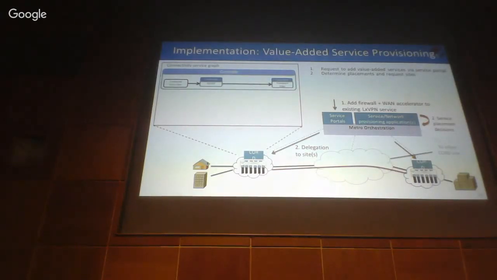Because I guess the first realization once you're in end-to-end service provisioning is that there are potentially multiple implementation points for a service, right? So, for example, a firewall, typically you have one implementation point at the ingress, right? But a WAN accelerator needs two, right? You can't compress any traffic if you don't have one at the source and one at the destination. It's a dual thing, kind of.